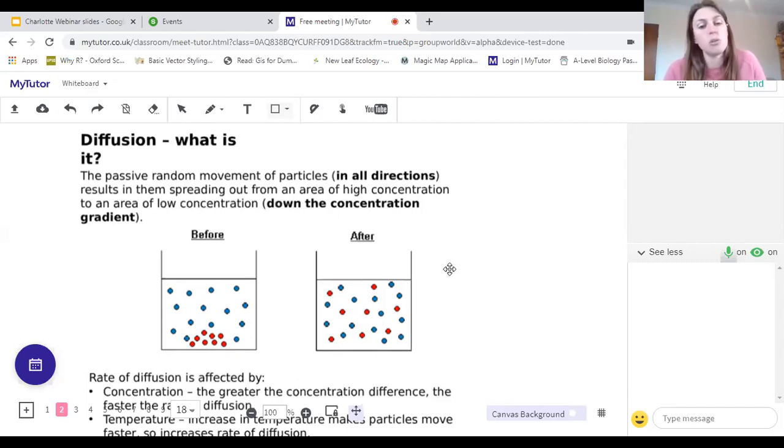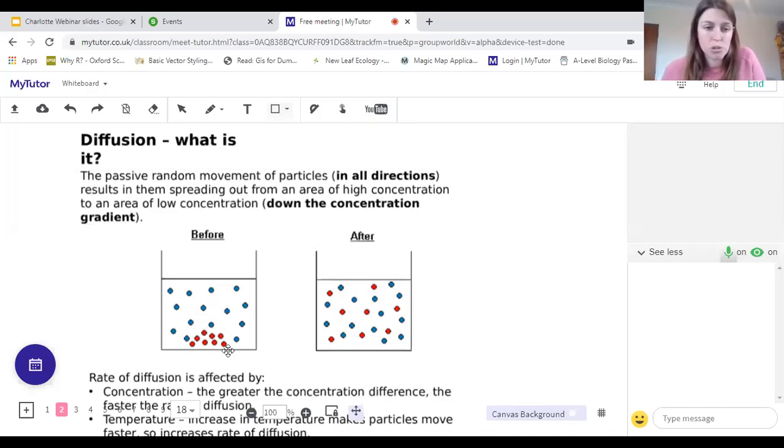But if you've got 2 different types of particles and they're randomly moving, then they will spread out and mix together. And this means that if you've got a group that are grouped down the bottom, as you can see here, they will randomly move about until there's a mixture. And we call this moving from an area of high concentration.